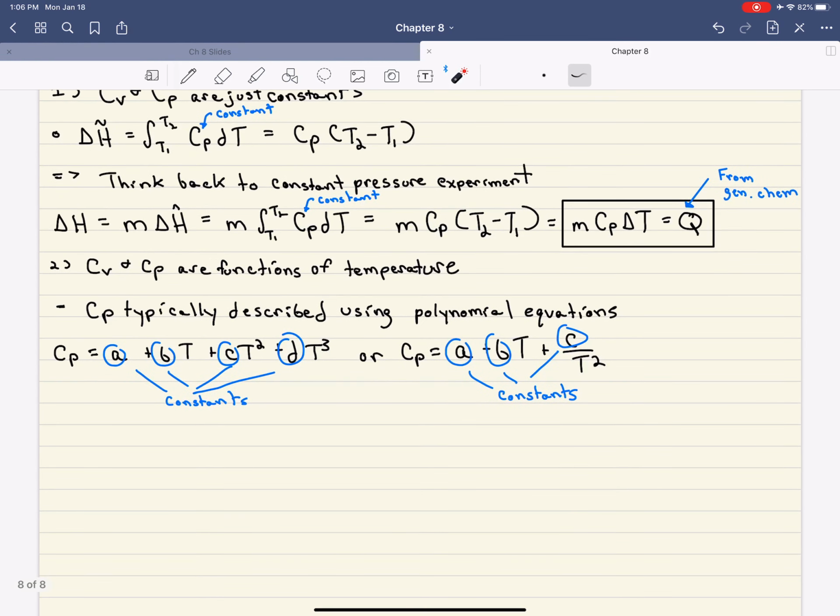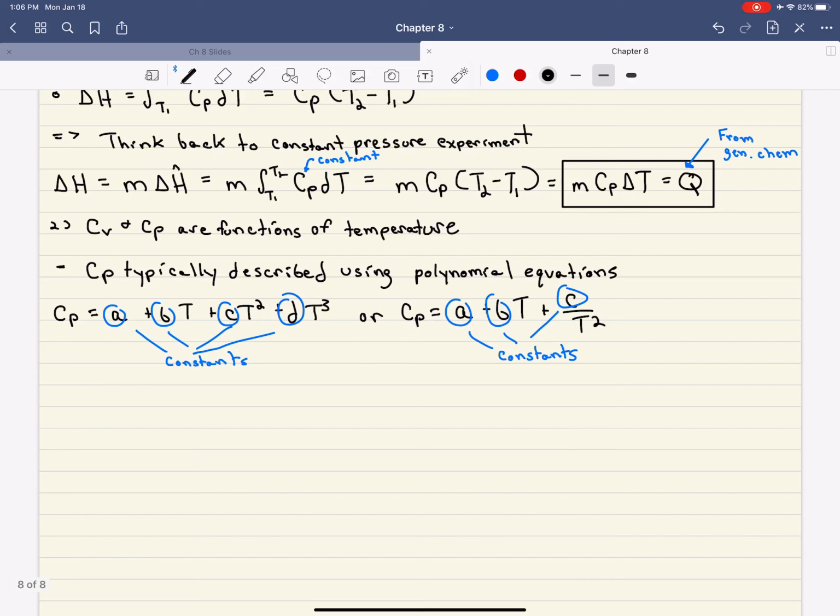Fortunately for us, Table B2 in the back of the textbook lists a bunch of Cp constants for various chemical species, and for species in different phases as well in some cases.